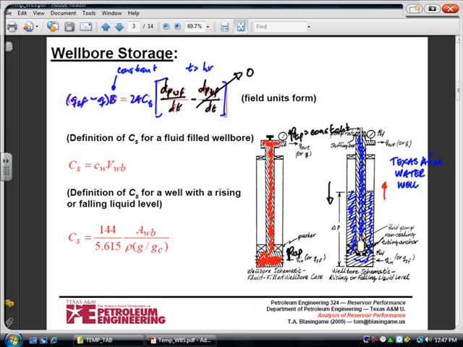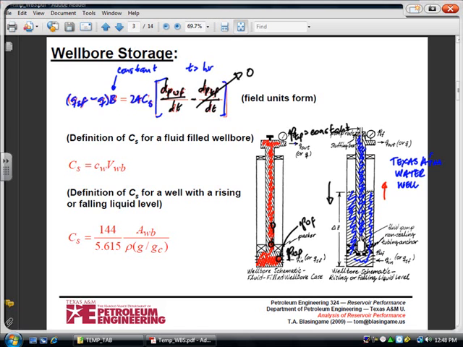Did you mention that some really weird things can happen? Like what happens if gas bubbles start coming up? Now, the pressure in the gas bubble is, let's say, PWF, right?